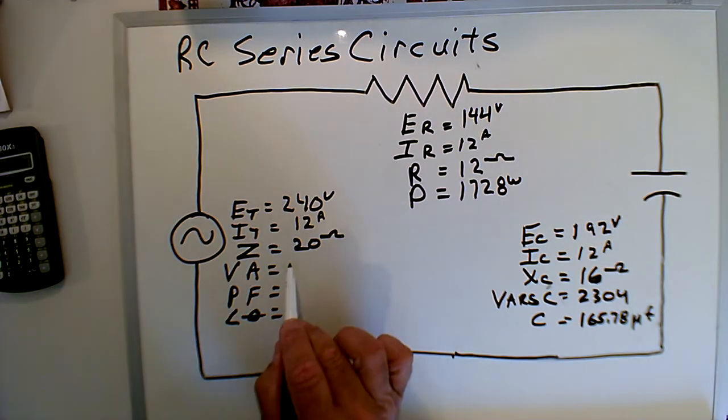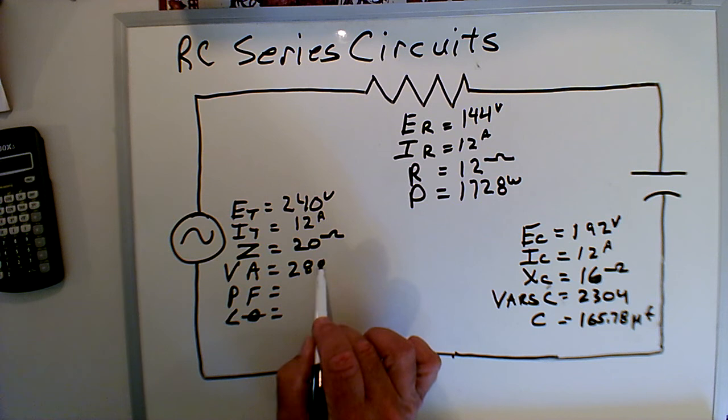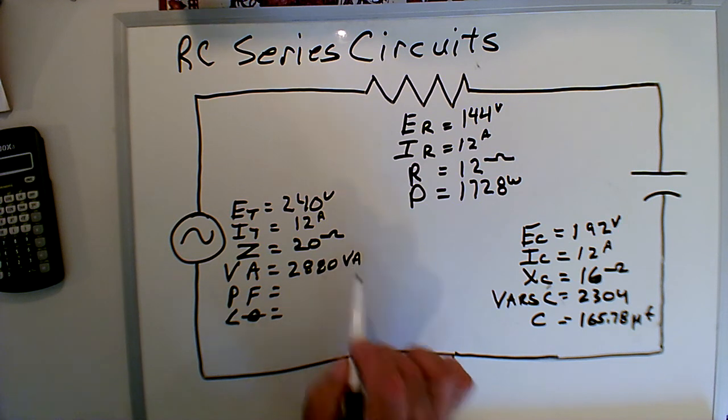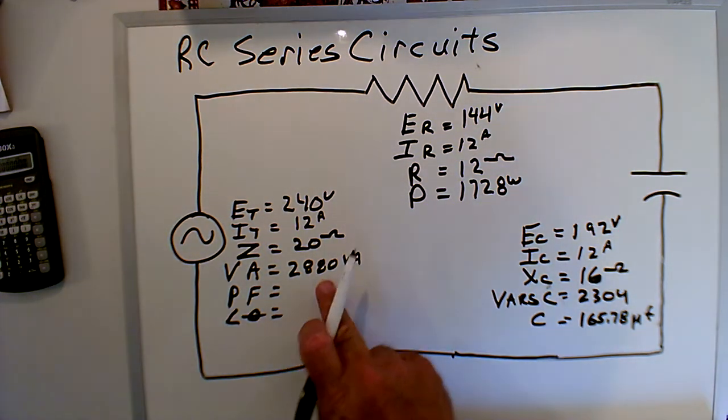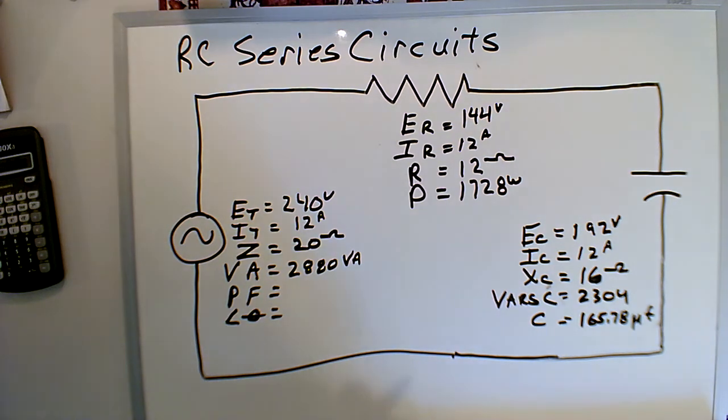And I can write that down right here, 2,880 VA. So now power factor can be found, now that I have the VA and the true power.